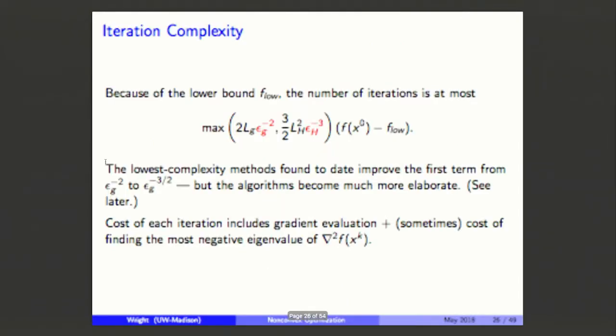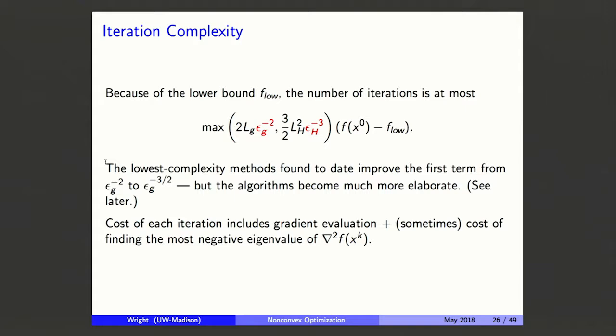If you divide the initial error in f by those amounts, you end up with this complexity. So you see the epsilon g to the minus 2 and epsilon h to the minus 3 popping out. To get to optimality, the lowest complexity methods essentially improve this dependence to epsilon g to the minus 3 over 2. But the price you pay is you need a much more elaborate algorithm, and that's what I'm going to be talking about.